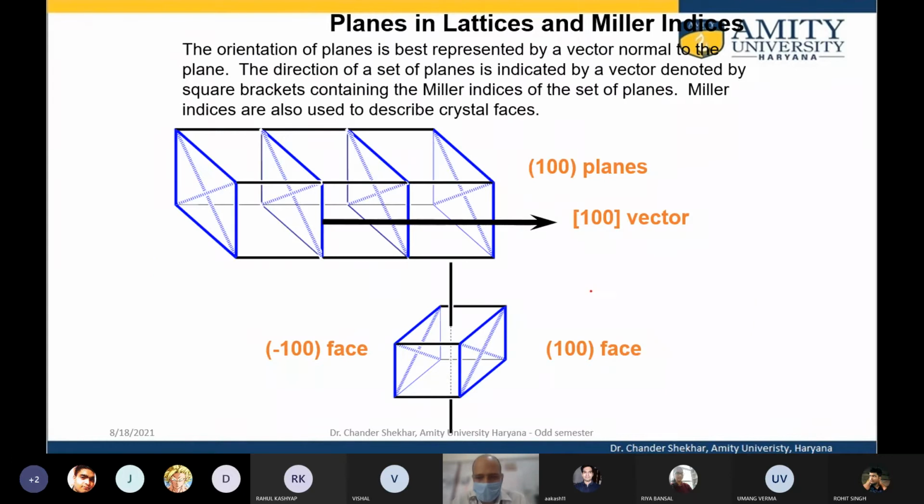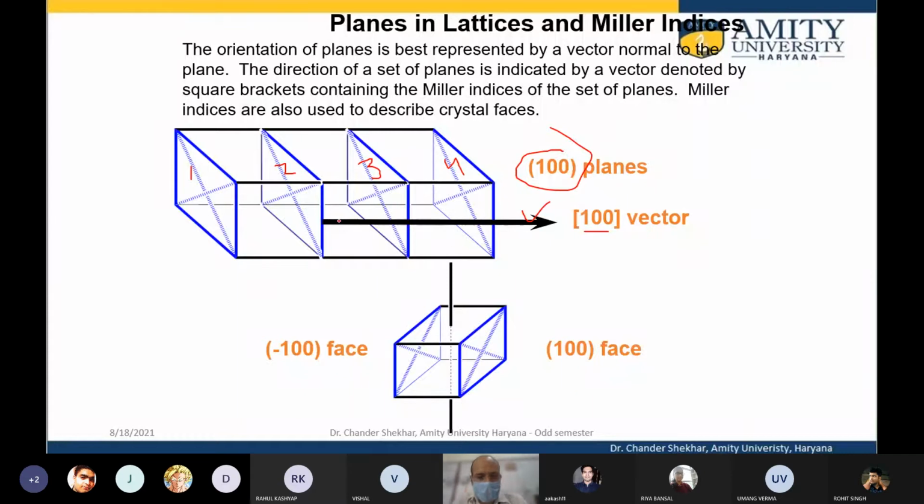This is represented here. Suppose this is the first plane, second plane, third plane, fourth plane, etc. The 100 plane represents all such planes, and in the square bracket, 100 represents the vector normal, that means perpendicular, to the surface of the plane.